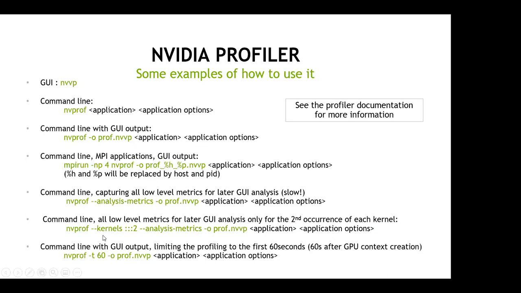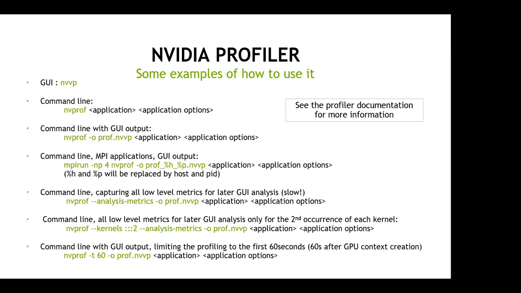To avoid waiting for hours, you could simply limit the number of times each kernel is run. Here we are telling NVProf, just in this example, to collect information about the second occurrence of each kernel.